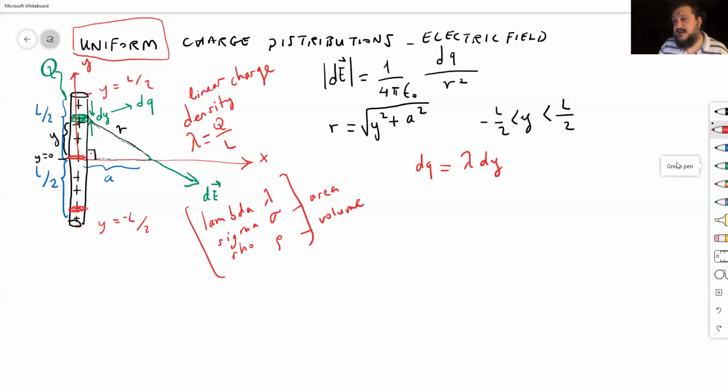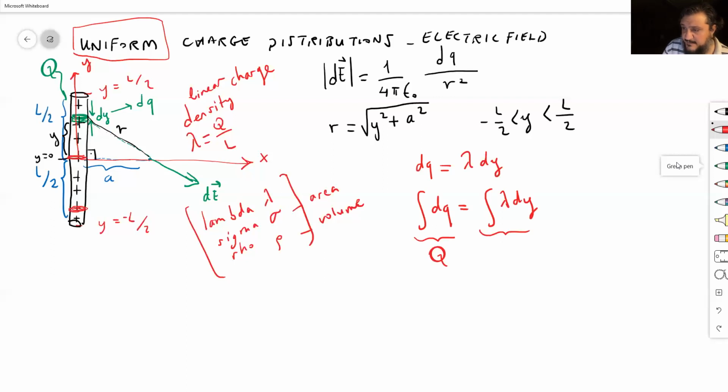Okay, I mean, it's so easy to check this. If you integrate dq, which is the integral of lambda dy, which means add every little charge, you're going to end up with total charge. This is Q, total charge.